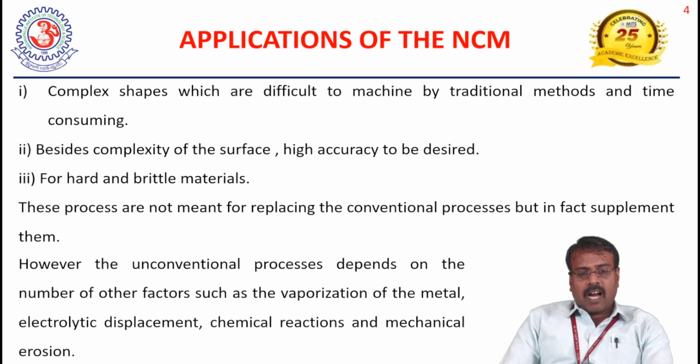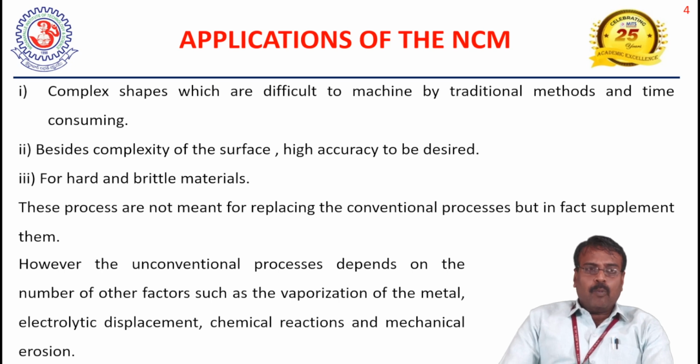These processes are not meant for replacing the conventional ones, but in fact supplement them, based on the requirement. Whenever we need to cut hard materials, we can choose the non-conventional machining process.